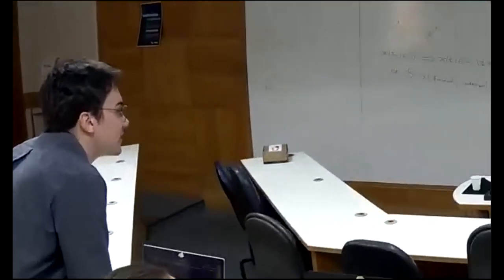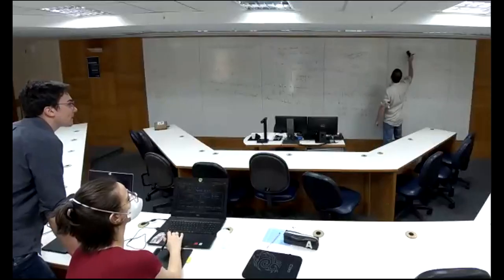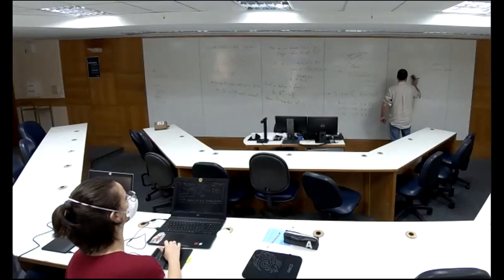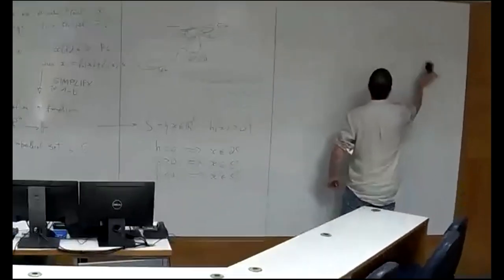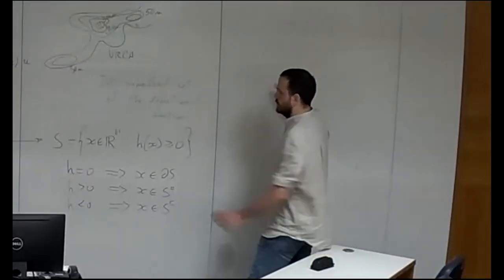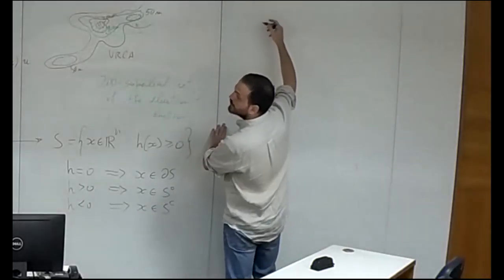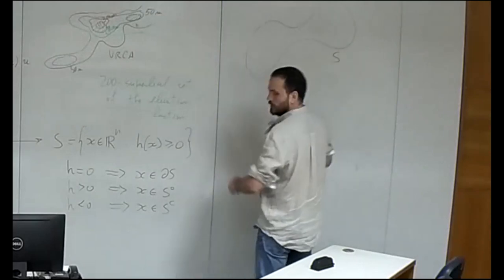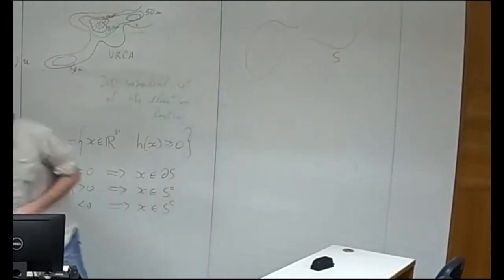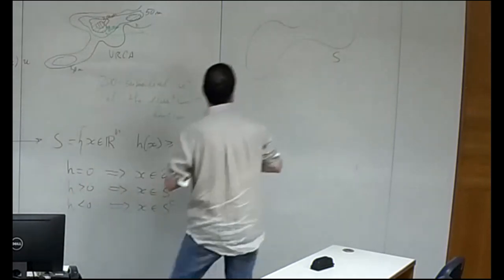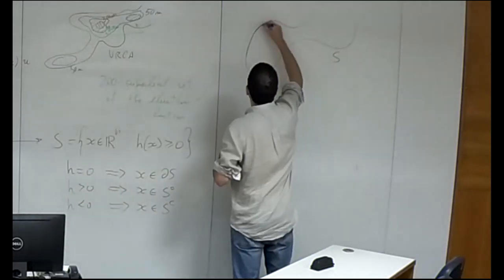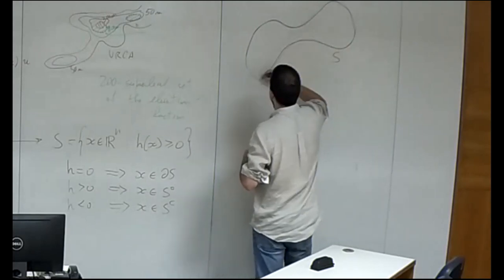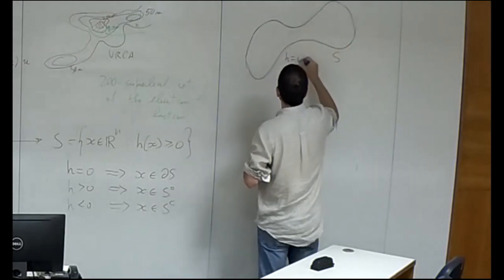Oh, you can't see? Let me draw it. This is S. On the boundary, h is equal to 0.